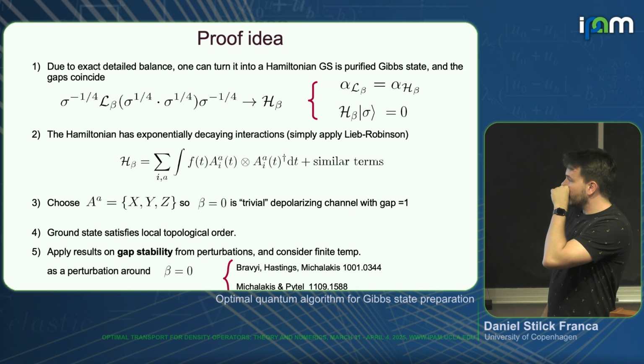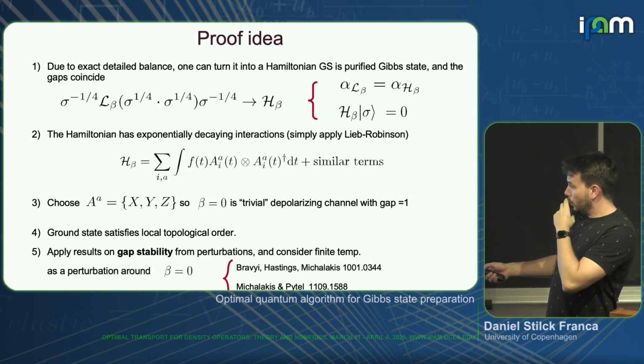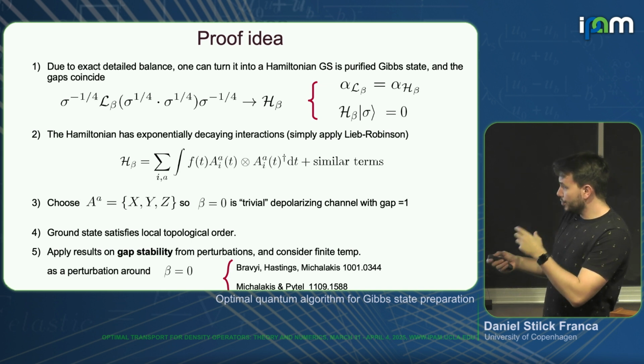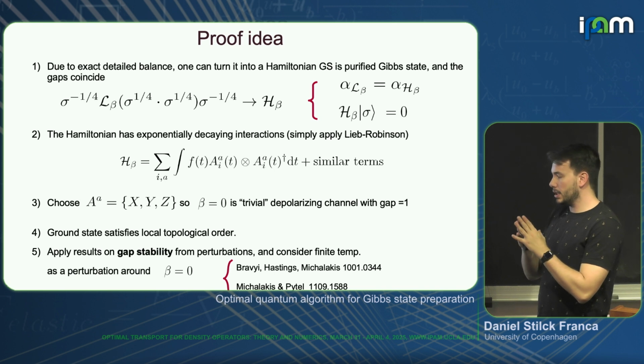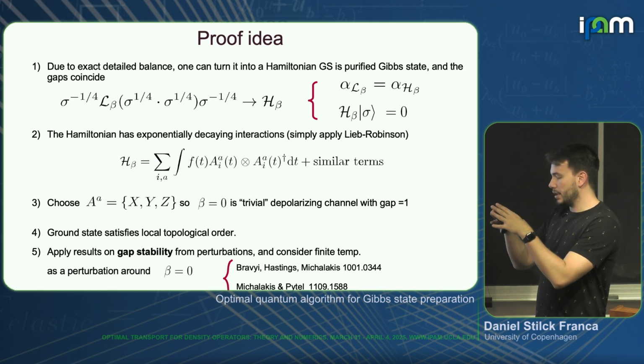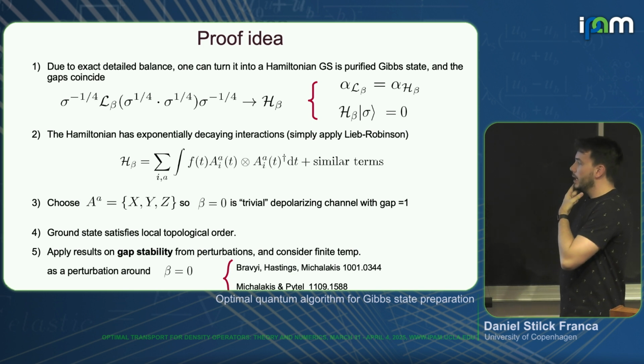But what is nice is that you can use the fact that these jumps were quasi-local to show that the Hamiltonian you get will also be quasi-local, in the sense that you have interactions with exponentially decaying tails.